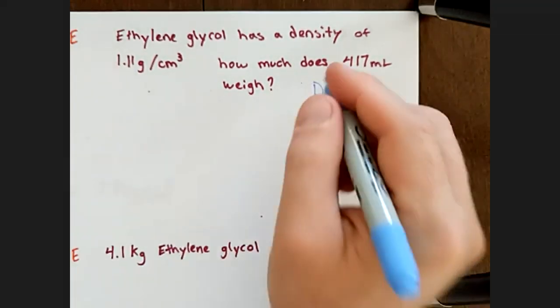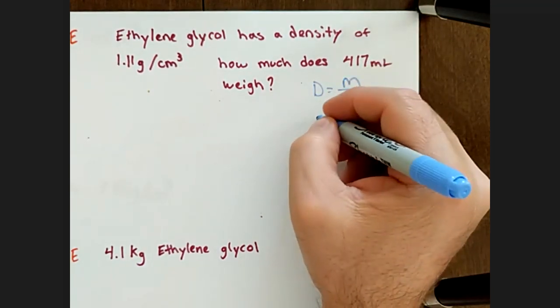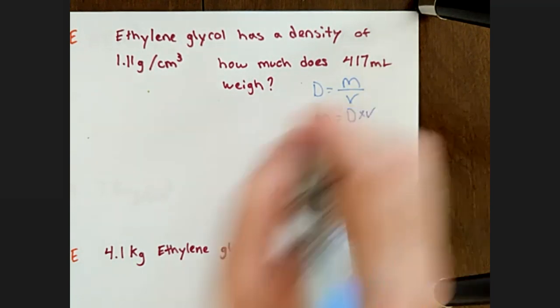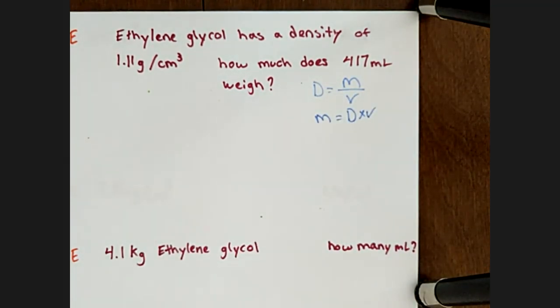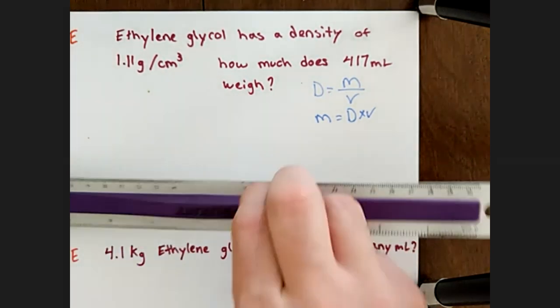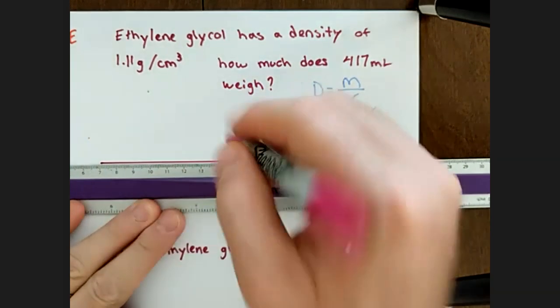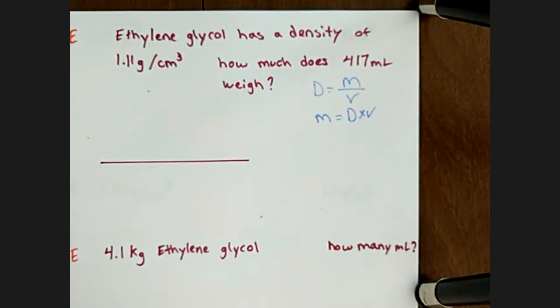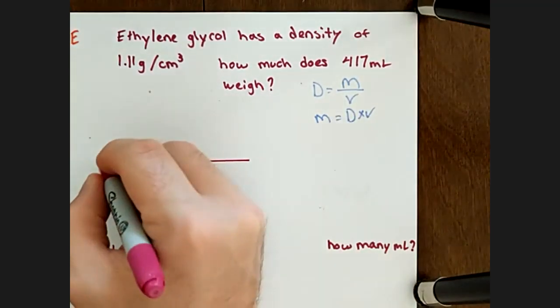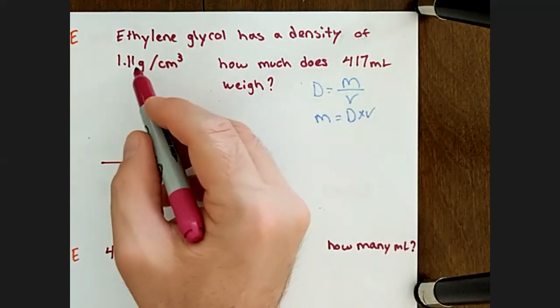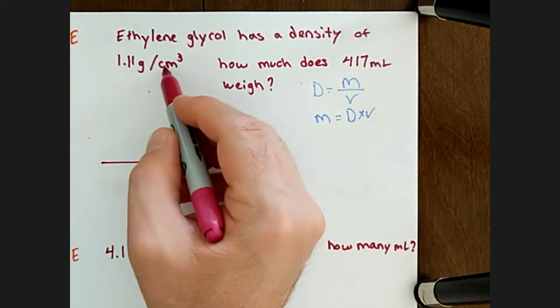If you look at it from an equation standpoint, mass equals density times volume, right? That's what it should look like. If we want to know where we're starting, the simplest term of the terms given in this case is my 417 milliliters. It is a single unit of milliliter versus grams and centimeter cubed.